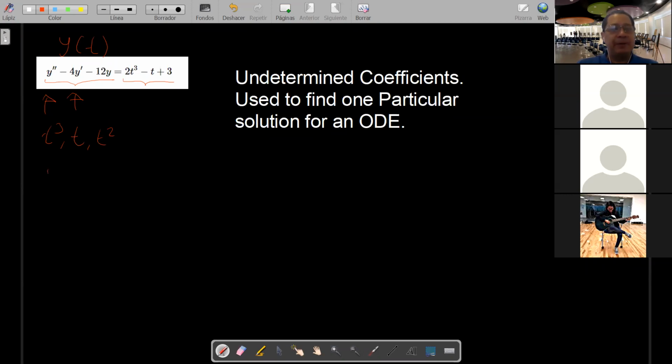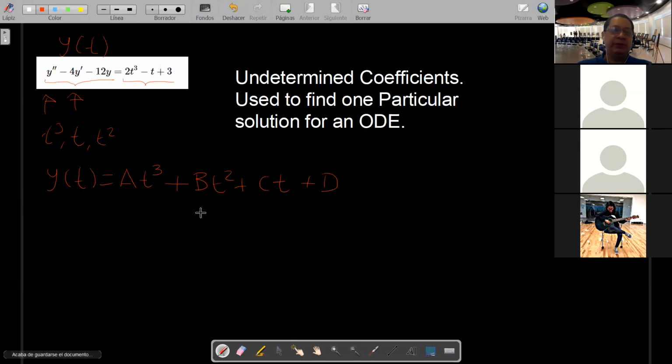That's why we can make our guess as a polynomial with undetermined coefficients. So I need a t cube with my undetermined coefficient, my t squared, my t, and an independent coefficient, of course.